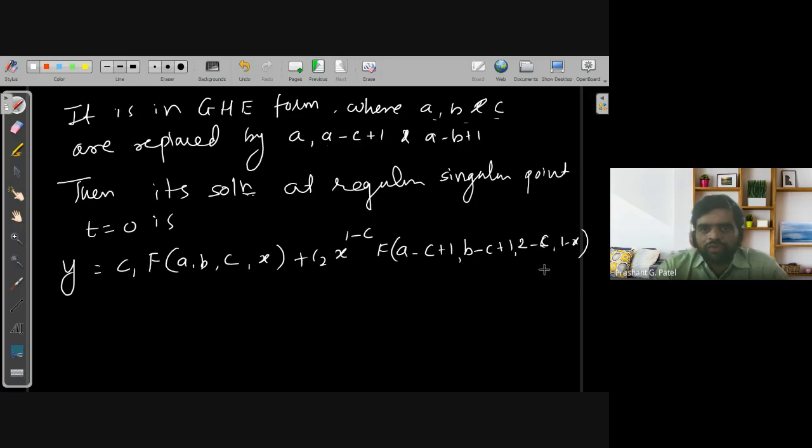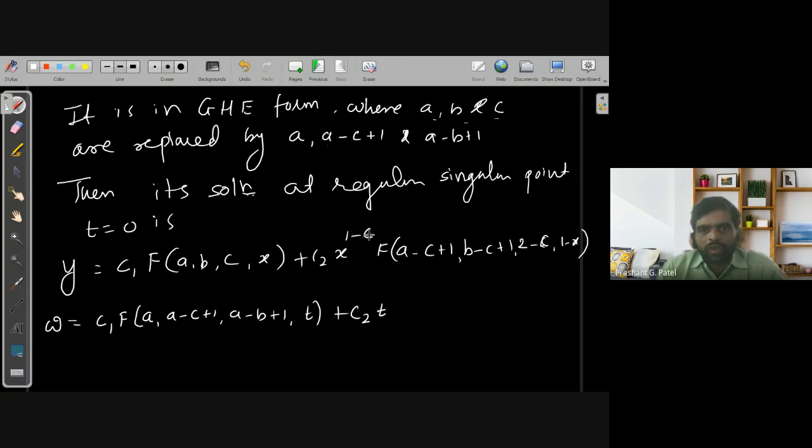So therefore the solution, that is w, we can write as c1 F of a, a minus c plus 1, a minus b plus 1, t, instead of x we have actually t, plus c2 t power.